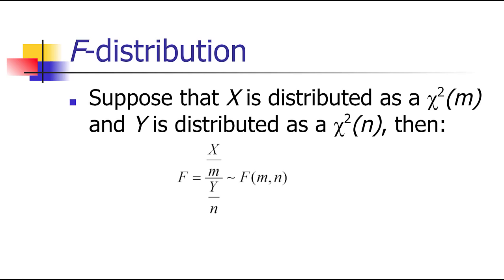We refer to m as the numerator degrees of freedom and n as the denominator degrees of freedom. The F-distribution, again, looks sort of like a normal distribution, except it's a bit skewed. However, as m or n or both tend towards infinity, the F-distribution will also converge to a normal distribution.